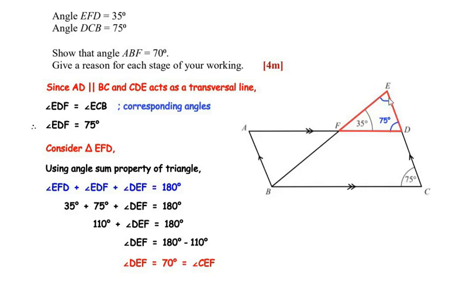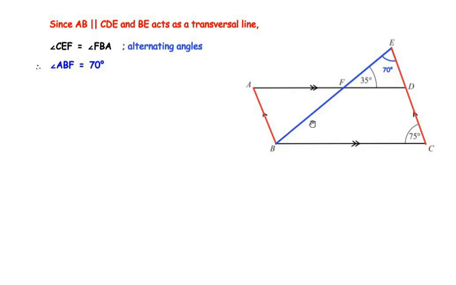Now once we have got this angle, let us consider these two parallel lines, that is AB and CE. Now we have reconsidered the figure over here for easy reference, and we have highlighted the parallel lines AB and CDE, and here the line BE is acting as a transversal line that cuts these two parallel lines at point B and point E. So we can say that the angle CEF will be equal to angle FBA because they form the alternating angles of the two parallel lines.